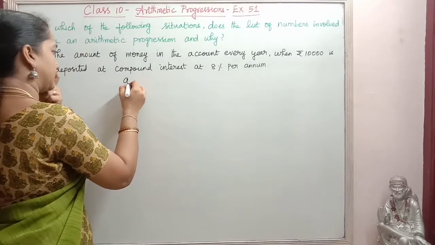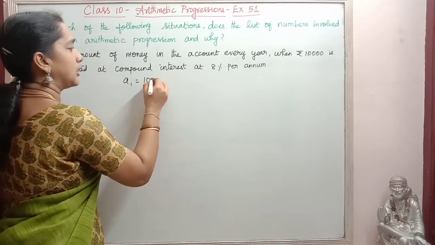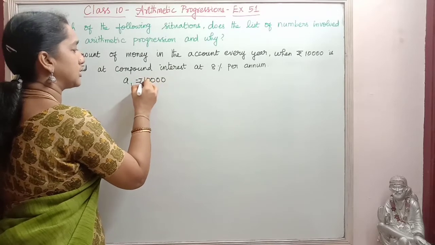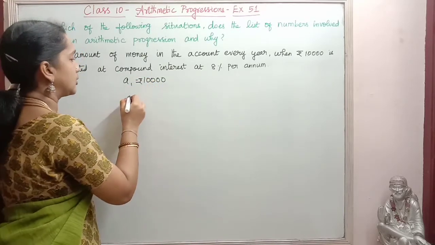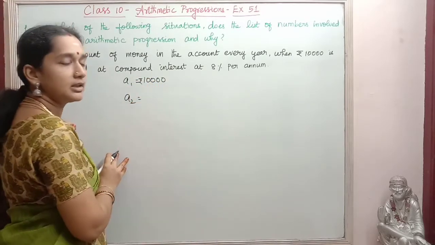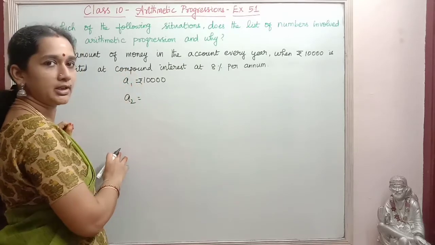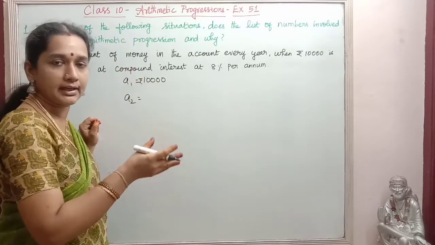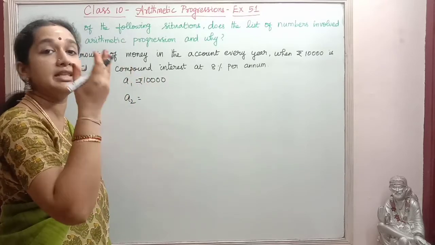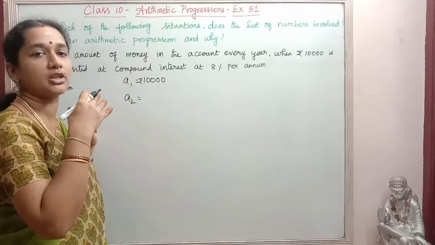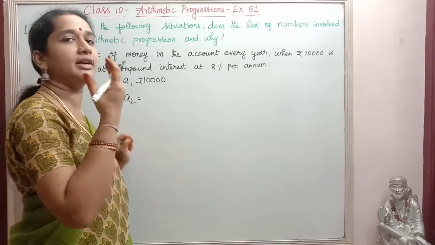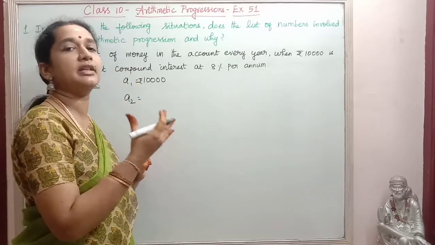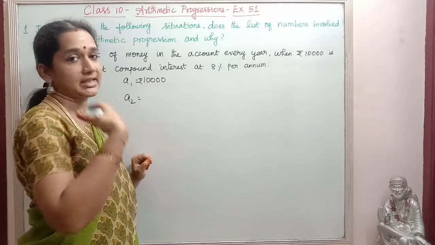So A1 is equal to 10,000, rupees 10,000. This is for the first year. So A2 will be, actually this is compound interest. So every year the principal plus interest will be added, and that principal and the interest added will be the principal for the next year.